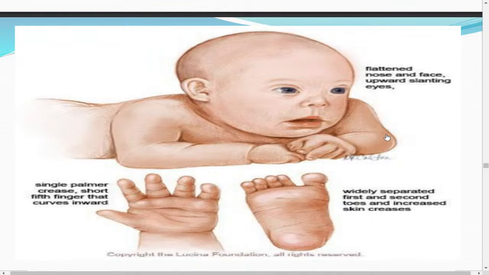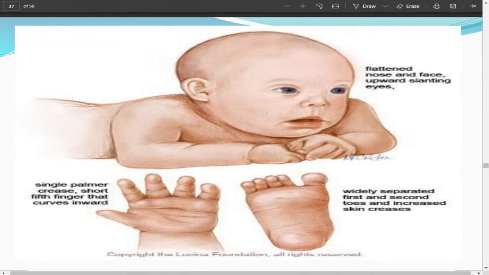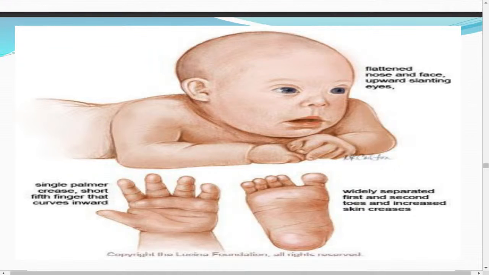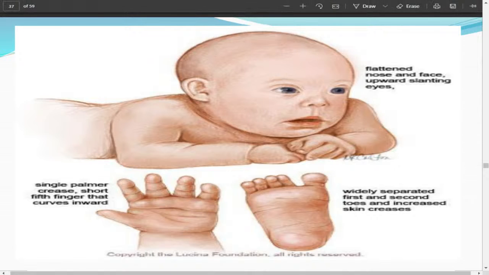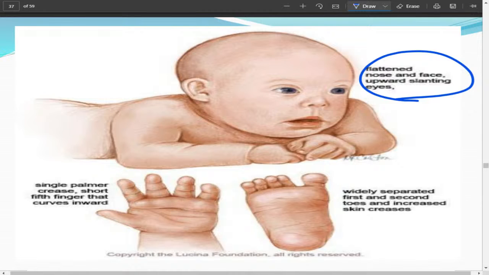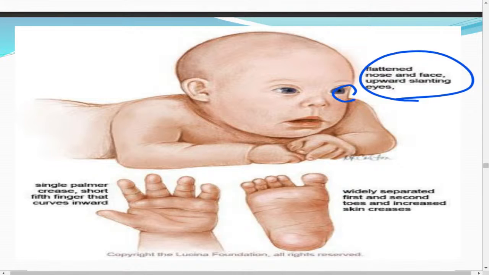Here we can see the flattened nose of Down syndrome. Let's point out this flattened nose and face, and the upward slanting eyes, as we can see here.